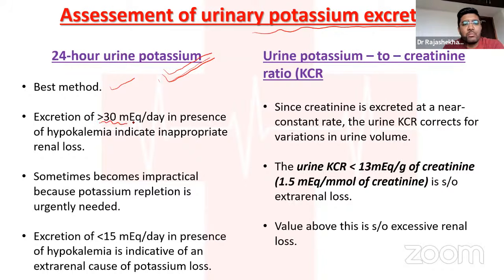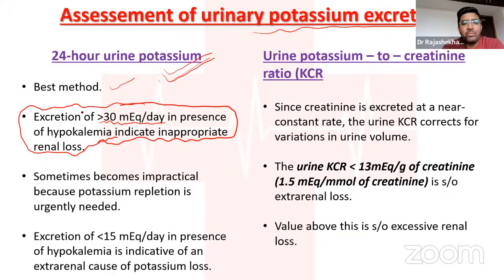Excretion of 30 milliequivalents of potassium per day or more in the presence of hypokalemia indicates inappropriate renal loss. So if you are seeing a patient with hypokalemia and you measure the 24-hour urinary potassium, if it is more than 30, then think that the kidney is losing the potassium.